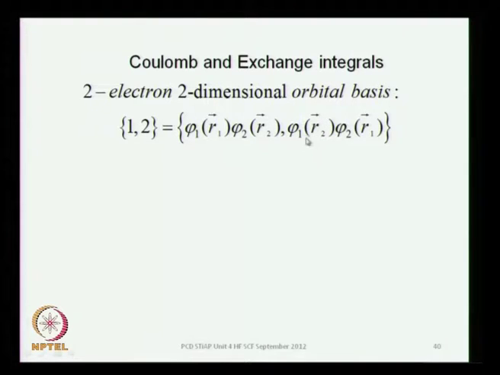Okay. So, this is the measure of the probability amplitude of the electron at coordinate R2 to be in the quantum state Phi 1. Likewise, this is the probability amplitude that an electron at coordinate r1 is in the quantum state 2. So, these are base functions.